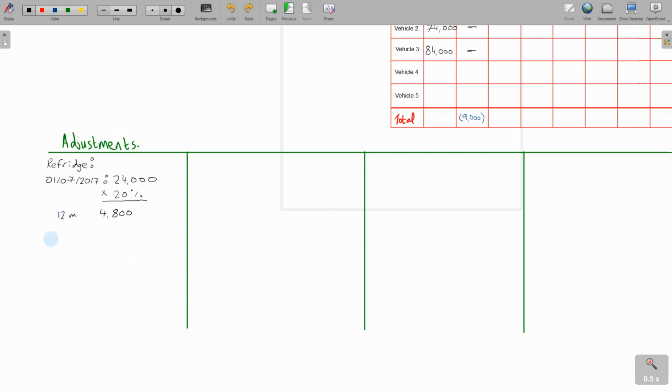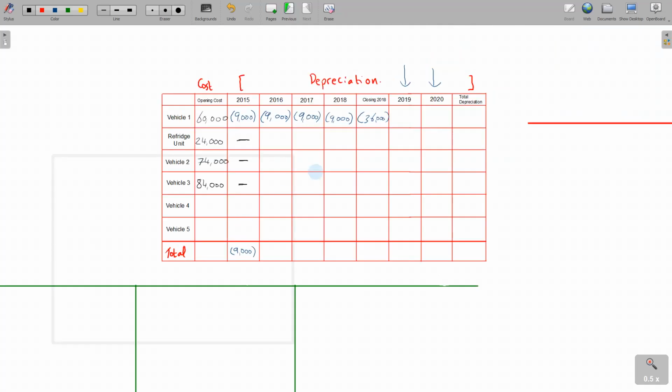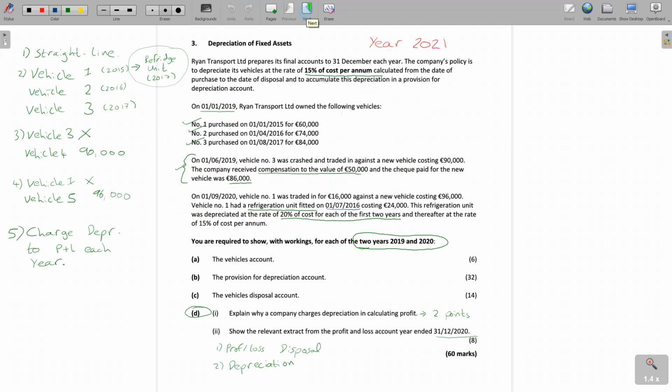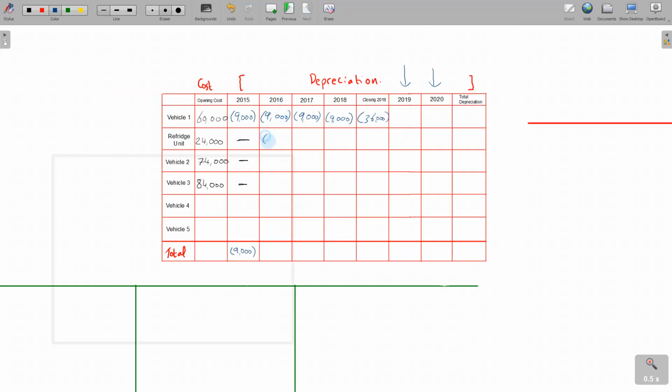So we've only had it for 6 months. So it's going to be half of this, or divided by 12 multiplied by 6. 2,400 in 2016.